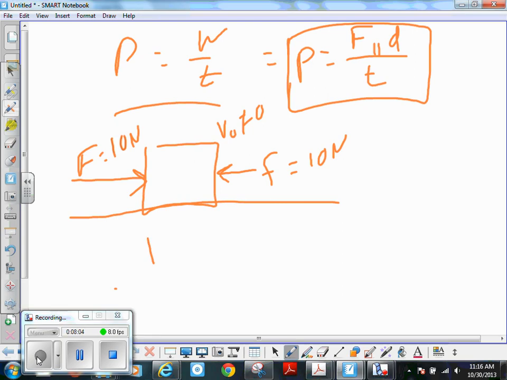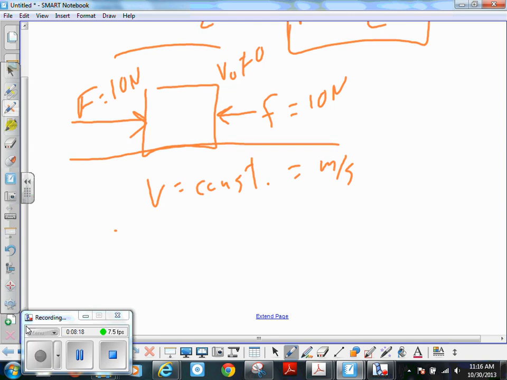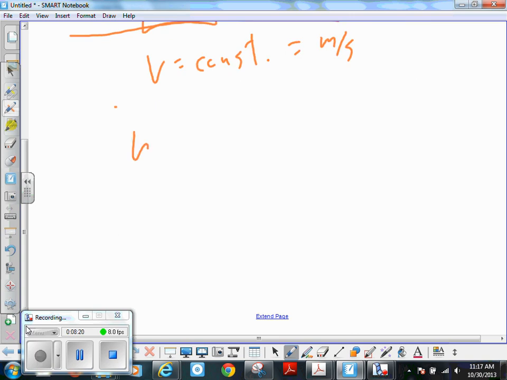So let's say our velocity is constant. And what is the unit label for velocity? Meters per second, right? Okay. And work is defined as force parallel to displacement, or we could say force times x, right?